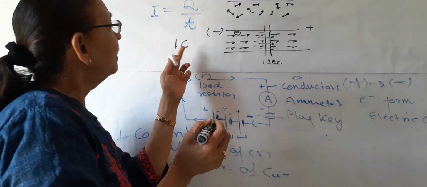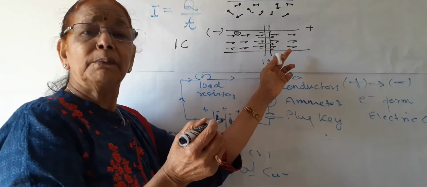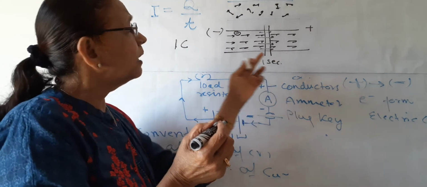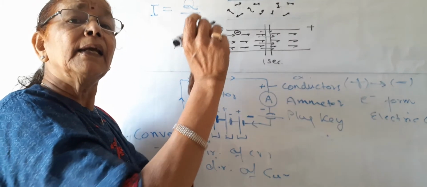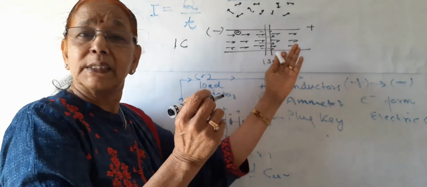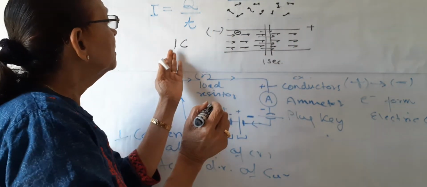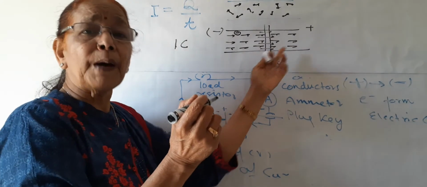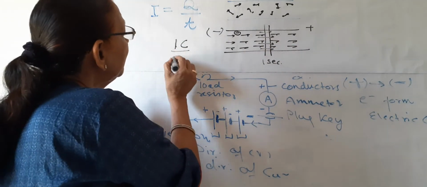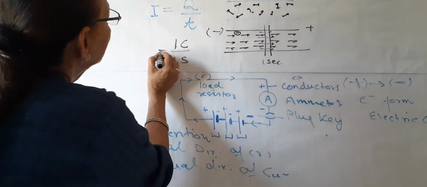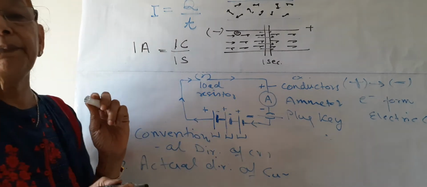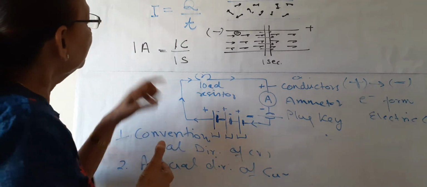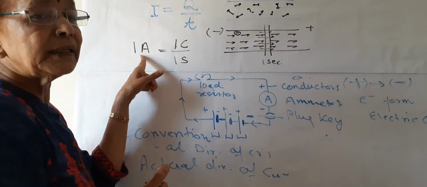So we can say either 1 coulomb charge has passed through this gap or 6.25 into 10 to the power 18 electrons have passed through this gap. One and the same thing. So if 1 coulomb charge passes through this gap in 1 second, the amount of electric current will be 1 ampere. So now we can define what is 1 ampere current.